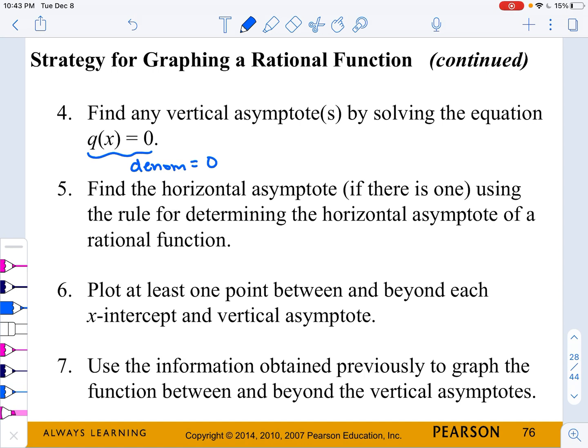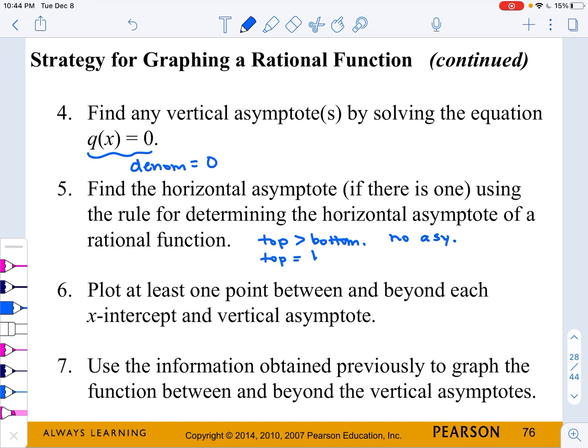Step 5, it says to find the horizontal asymptotes, if there are any, by using the rule for determining the horizontal asymptote of a rational function. That was where we were comparing the top to the denominator. You are looking at the degree of the top compared to the degree of the bottom. So if the top degree is greater than the bottom degree, you have no asymptote.